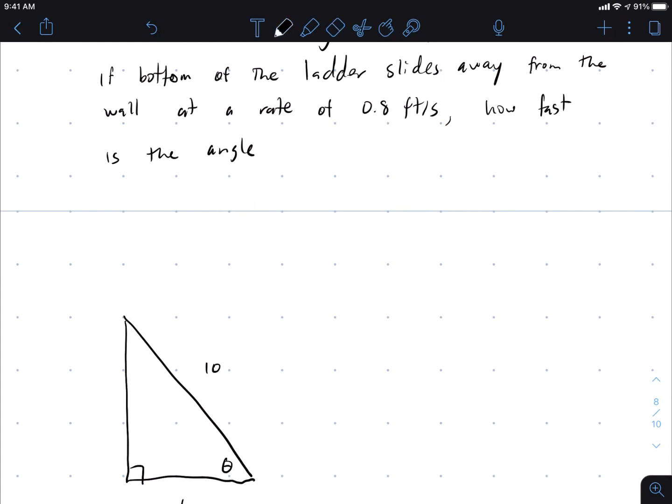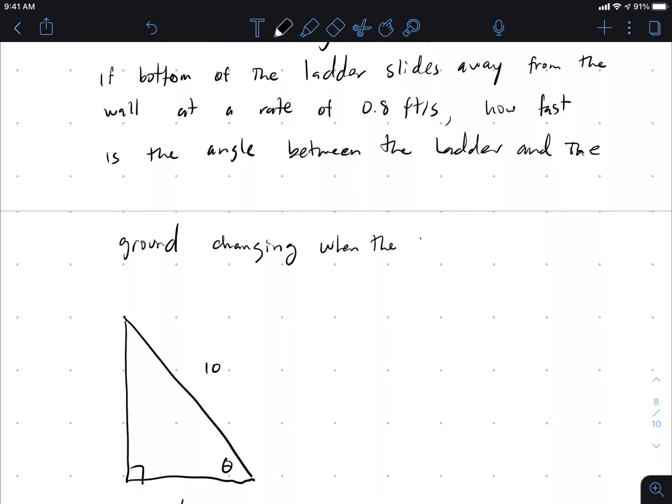How fast is the angle between the ladder and the ground changing when the bottom of the ladder is 6 feet from the wall.